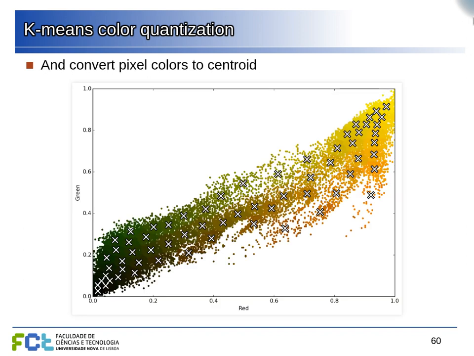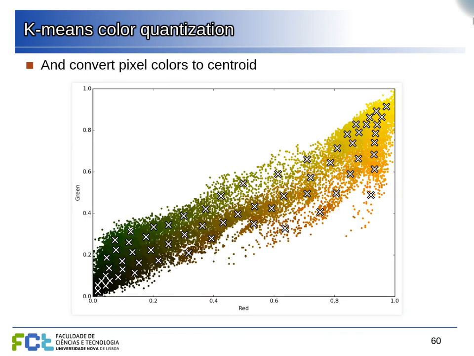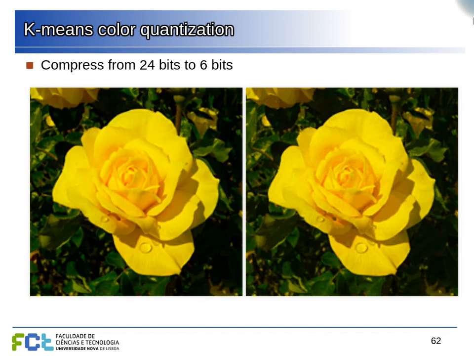So now I have 64 centroids distributed in the same shape, let's say, as the original colors are distributed. And now on the color array, I can change the red and green values to be equal to the centroid. So these points all have different colors, but I can make them the same as the centroid and simplify the image now.